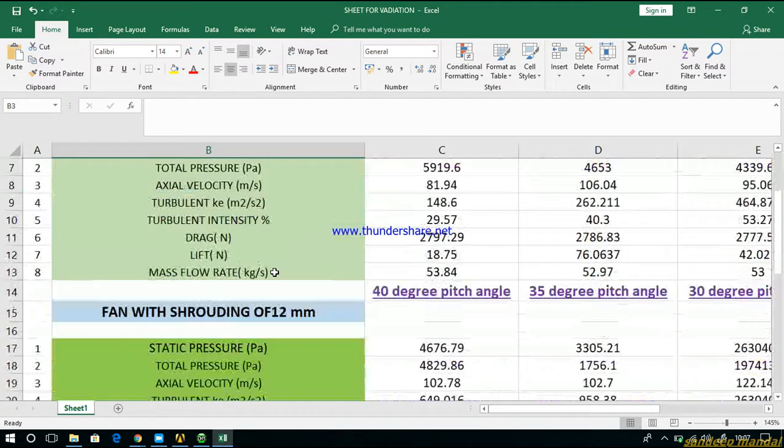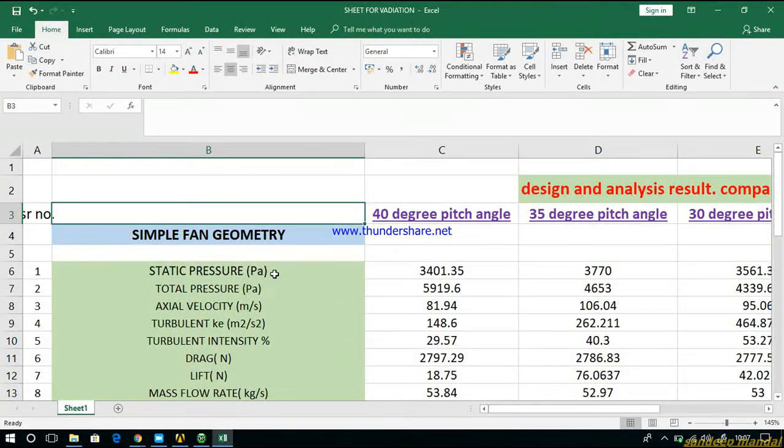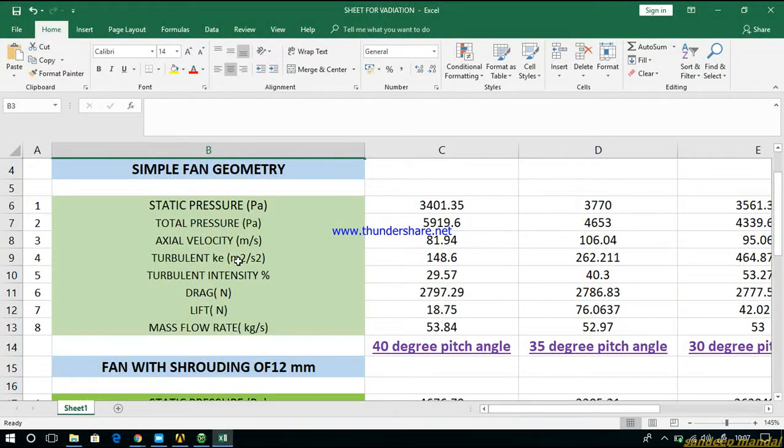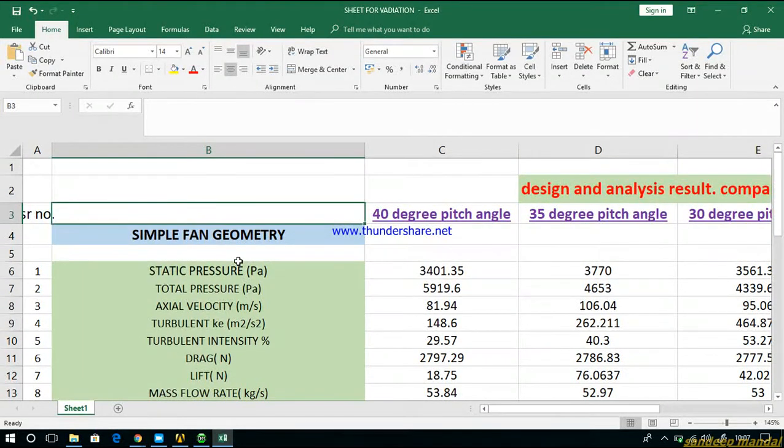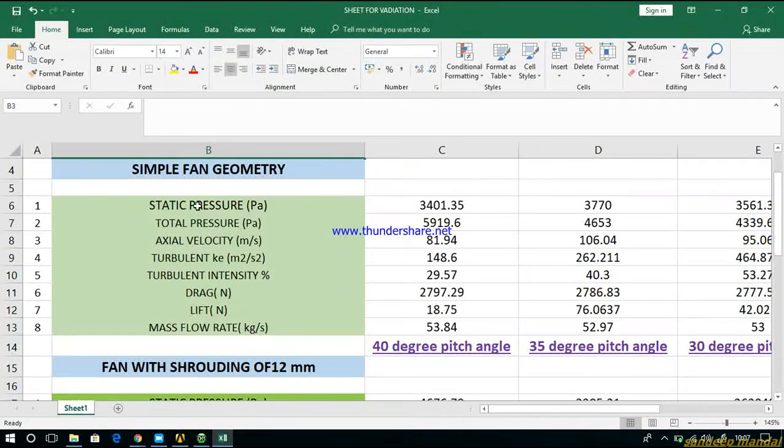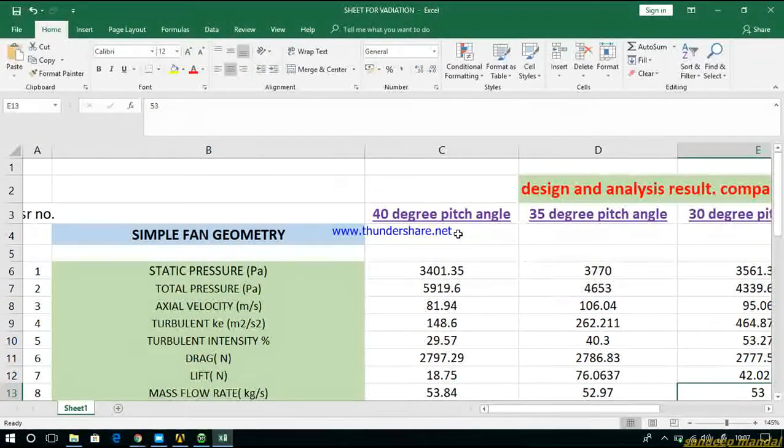I have analyzed all the geometries I created, and depending upon that I created one Excel sheet so that comparison of the blade analysis is easy for me. So this is static pressure, total pressure, axial velocity, turbulence intensity, drag and lift force on the fan, and mass flow rate. You can see they are approximately the same across the 3 cases: 40-degree, 35-degree, and 30-degree pitch angle.